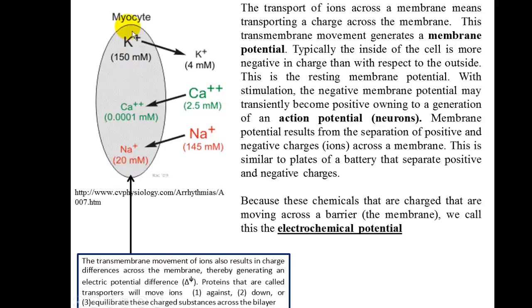And the membrane not only sets up a concentration gradient, but it also sets up a charge differential. And that charge differential is called a membrane potential. Typically, as stated here, the inside of the cell is a little bit more negative than the outside of the cell. It actually registers a voltage of about minus 60 millivolts.